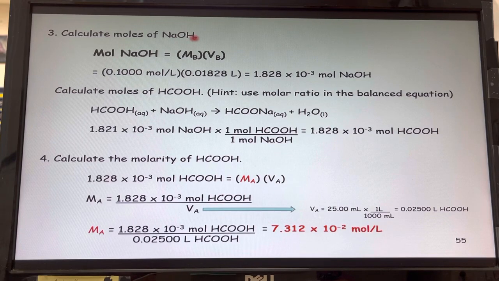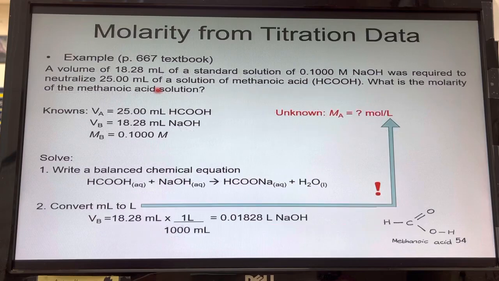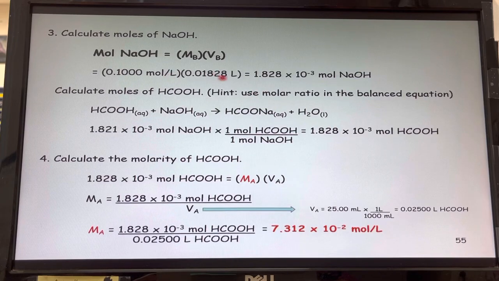Now we can do that because we have the molarity, which was given to us right here. Molarity, okay, multiplied by liters, and the liters cancel out, giving us the moles of sodium hydroxide. This is how many moles we have. 1.828 times 10 to the negative 3 moles. Okay.